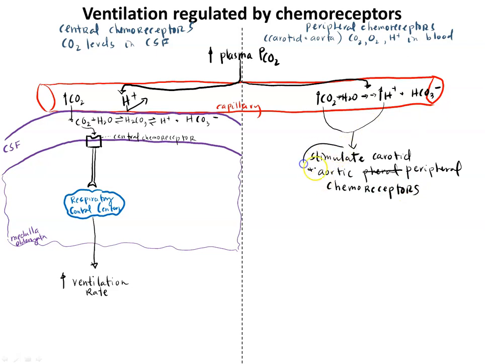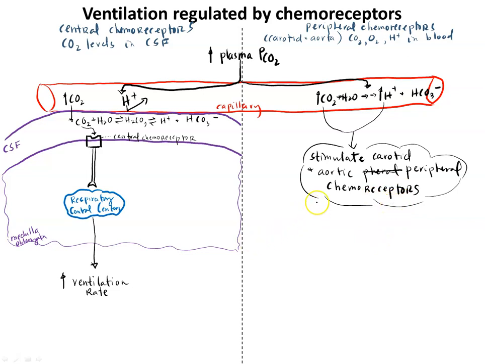Okay, and remember, they're like big globs in the carotid and in the aorta, and blood is just flowing by these chemoreceptors and binding. If you have a lot of carbon dioxide and hydrogen, they'll bind to those chemoreceptors, and if you get enough binding, you're going to light those chemoreceptors up.